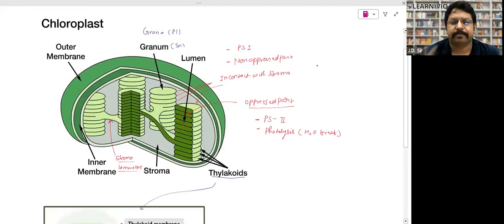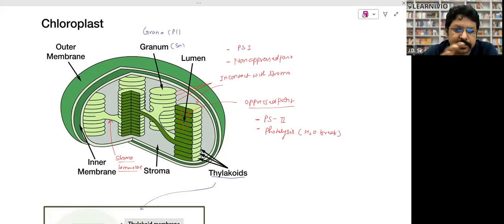When I teach you the cell biology part, the structural unit of life and chapters like this, cell biology is made up of three parts: cell and cell organelle, biomolecules, and the cell cycle. The cell organelle part I'll discuss again in detail, but here I'll just give you a glimpse of the things related to photosynthesis.